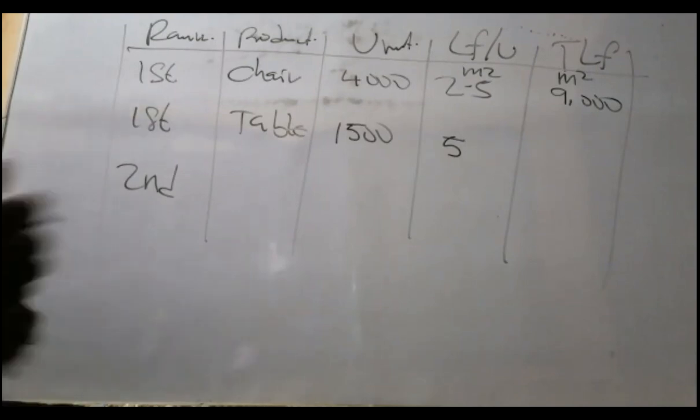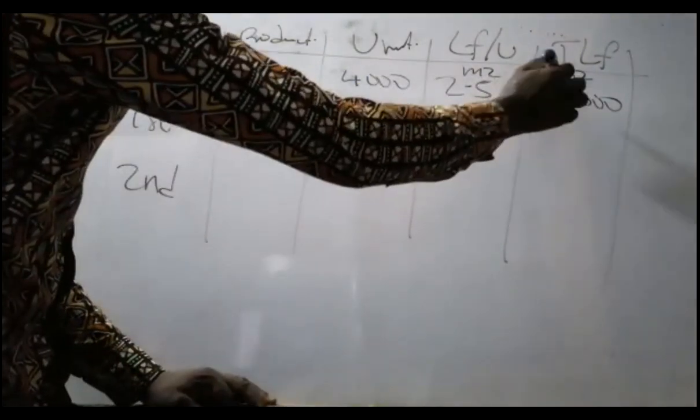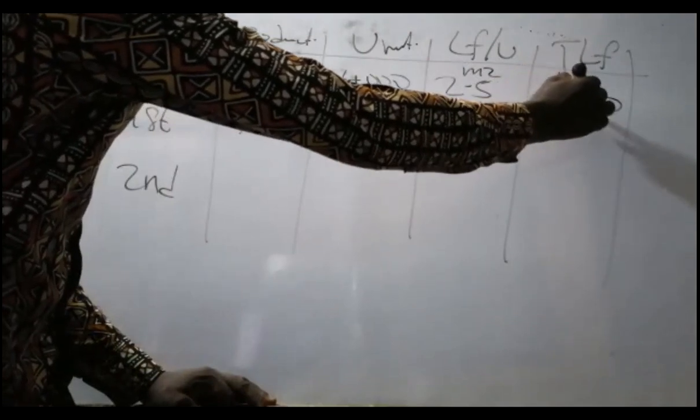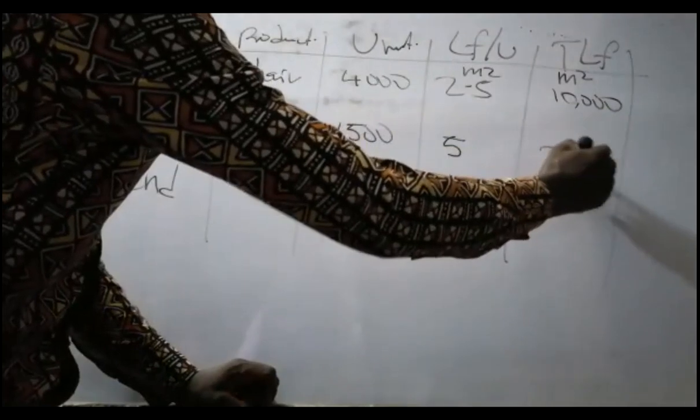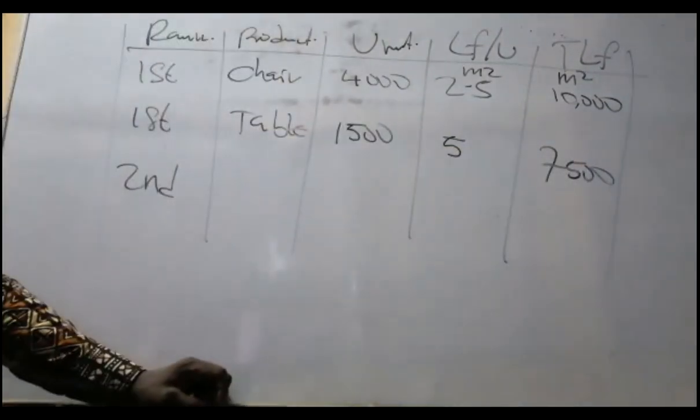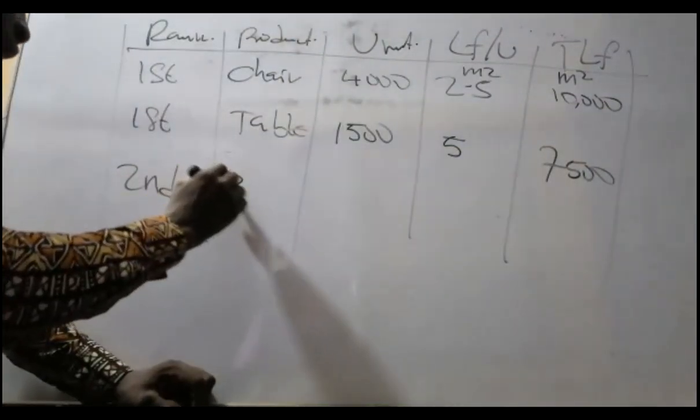Okay, somewhere 10,000. Then table, somewhere 7,500. Good. Somewhere 7,500.